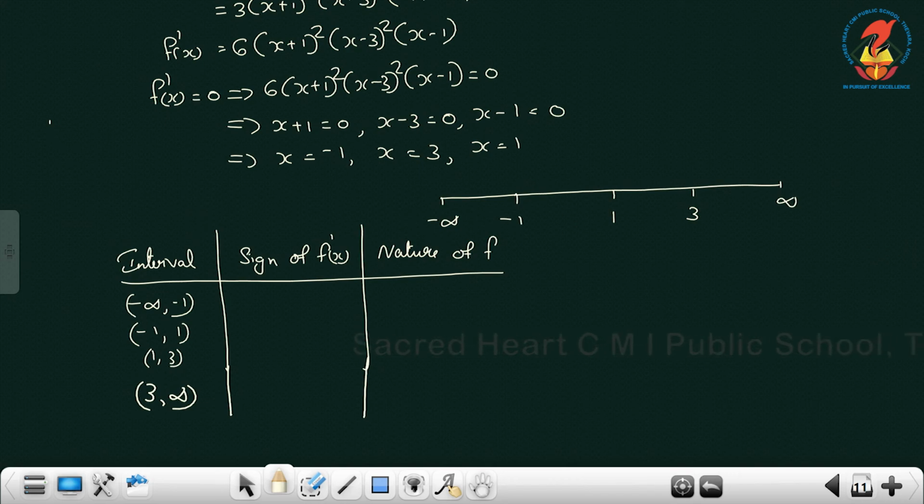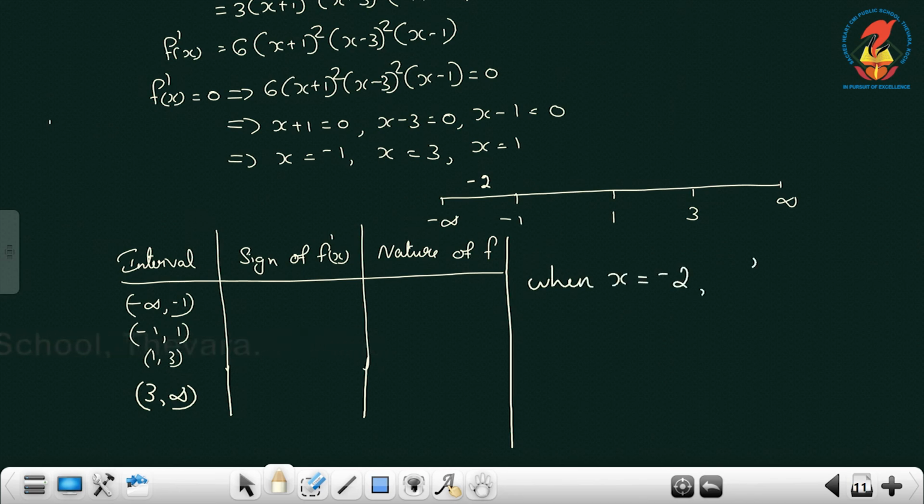Okay. Then you substitute. Take a point from minus infinity to minus 1, I can take minus 2. So when x is equal to minus 2, what about f dash x?